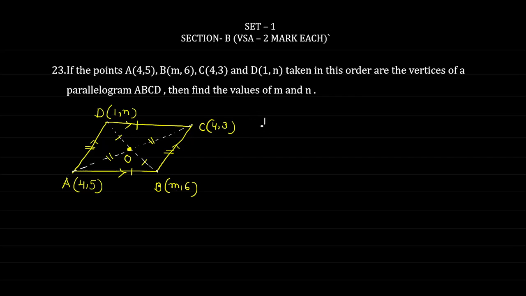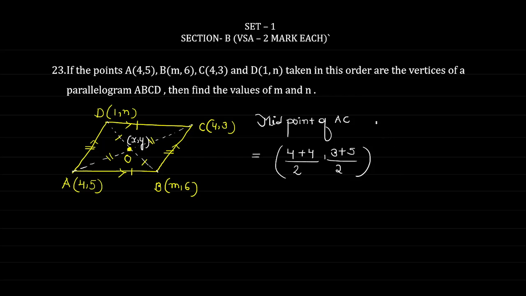So let us first calculate the midpoint of AC using the midpoint formula. How do we calculate the midpoint? By taking the average here. Let's suppose the coordinates are x comma y. So this is 4 plus 4 divided by 2 comma 3 plus 5 divided by 2. That's the midpoint of AC. Now let's do the similar thing for the midpoint of BD.